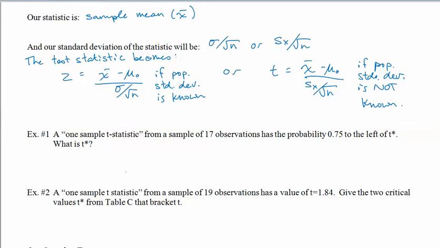So if we sketch this out, there's our t curve, t distribution, there's t star, and we're looking at 0.75 to the left, so that area is our 0.75, and we were given n is 17, and so our degrees of freedom is 16.